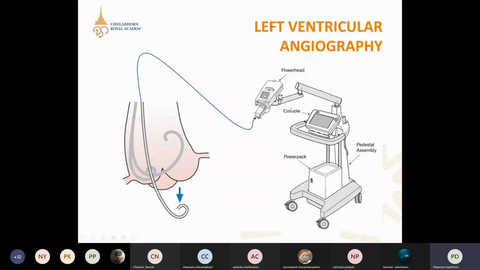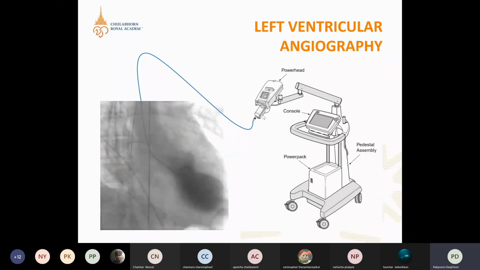This machine is called an injector, a syringe injector, that can create more pressure to overcome the pressure inside the LV, because we need to set the pressure for the injector around 300 millimeters, which is very much higher than the LV, in order to inject the contrast inside the syringe injector over here and make it spread throughout the LV, just like this image.